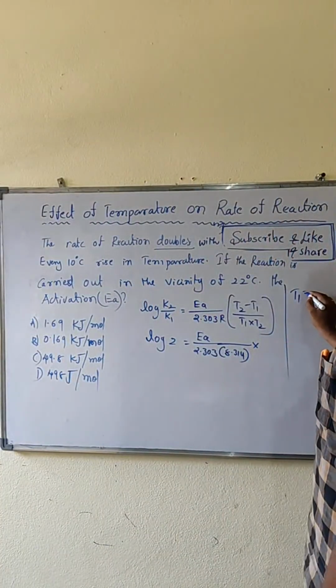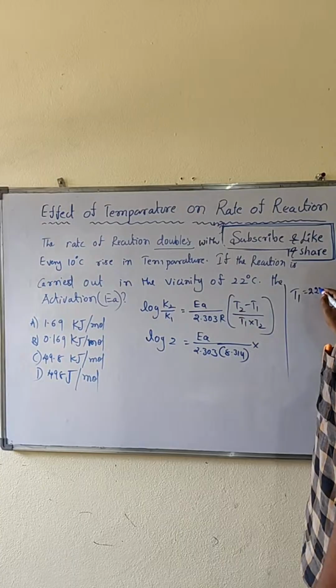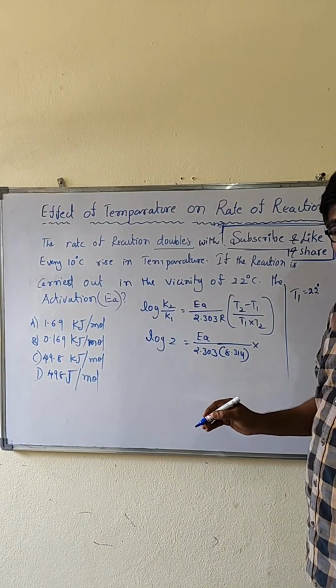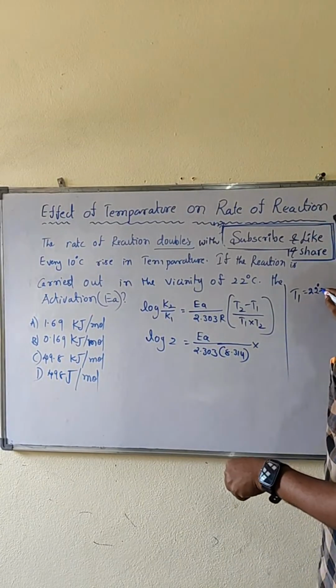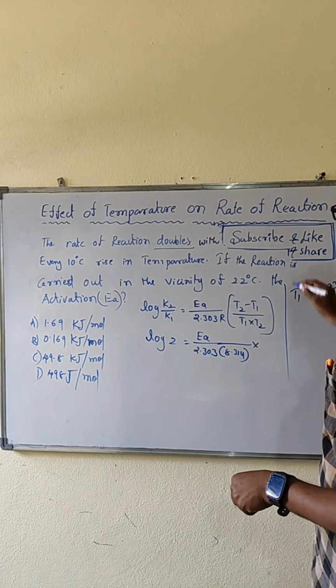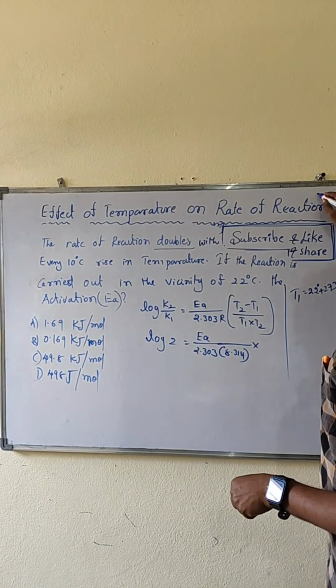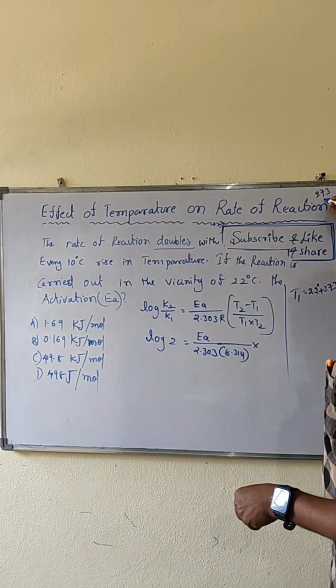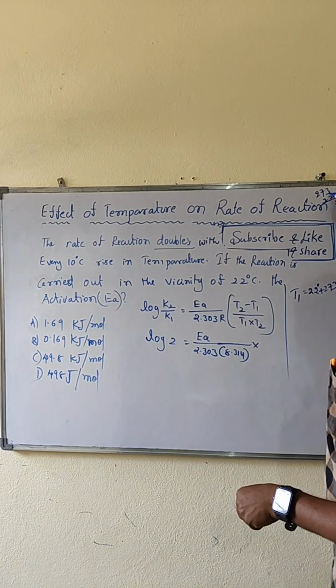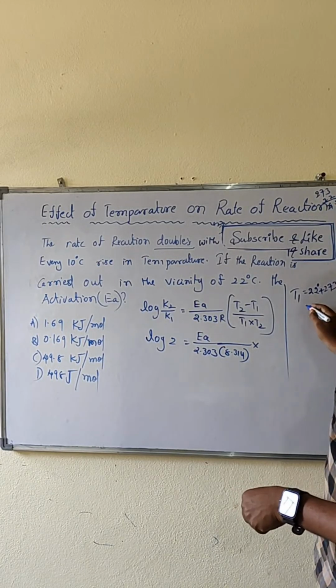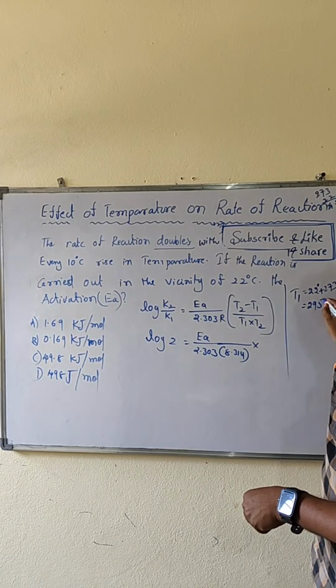T1 equals 22 degrees Celsius, which must be converted into kelvins by adding 273: 273 plus 22 is 295.